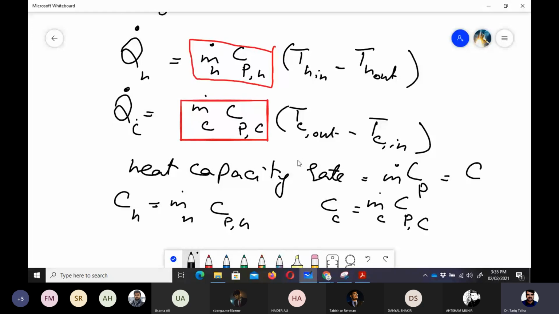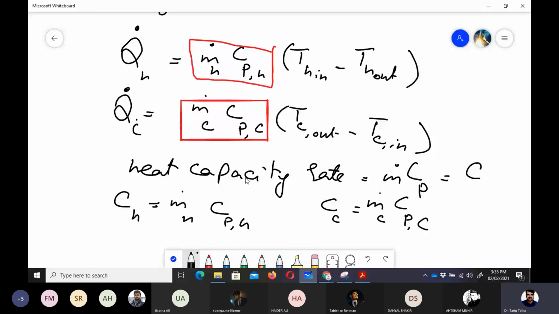So this heat capacity rate is the heat transfer rate which is required to change the temperature of a fluid having a mass flow rate of 1 kg per second by 1 degree centigrade.